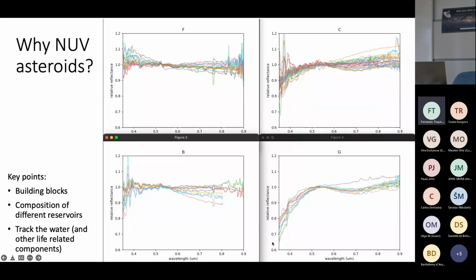It's important to notice that we do not have any systematic spectroscopic study in the ultraviolet of primitive asteroids. So ours is kind of the first one, and when Gaia arrives with thousands of asteroid spectra, we are going to have the first serious study on this issue.